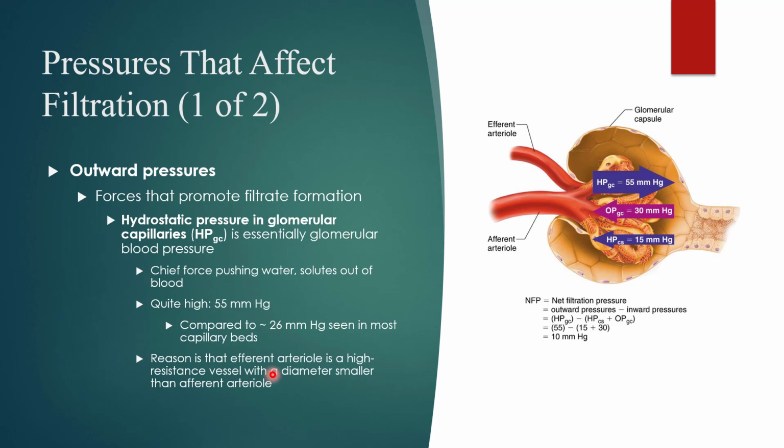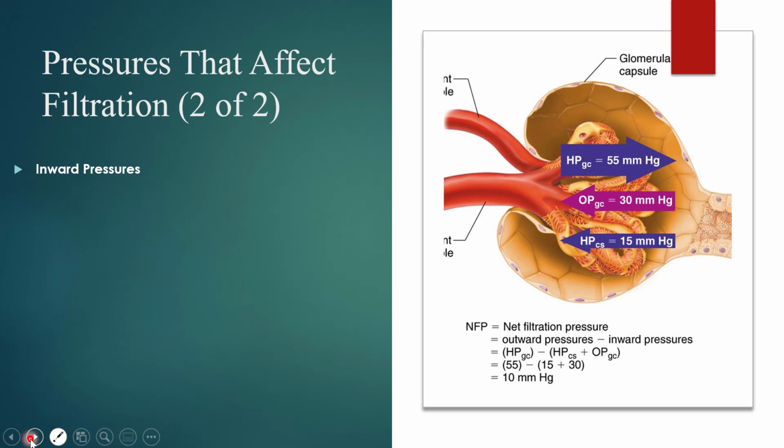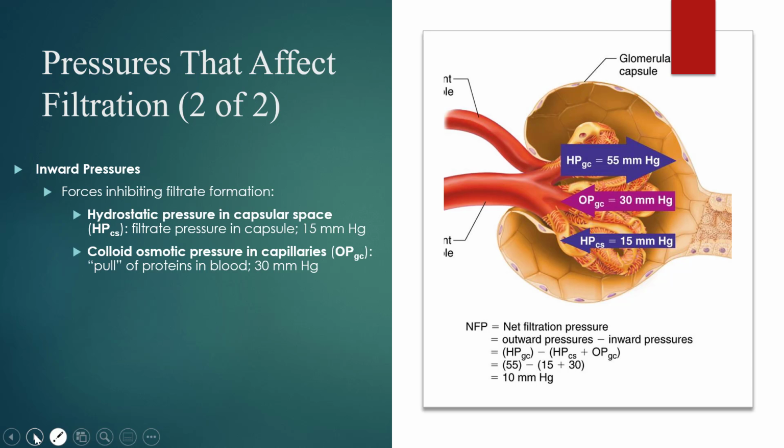Capsular space pressure, which I think is probably on the next one. The inward pressure right there, those two, will be your hydrostatic pressure. And this hydrostatic pressure, this one here, is the pressure of the filtrate, which is about 15 millimeters of mercury.